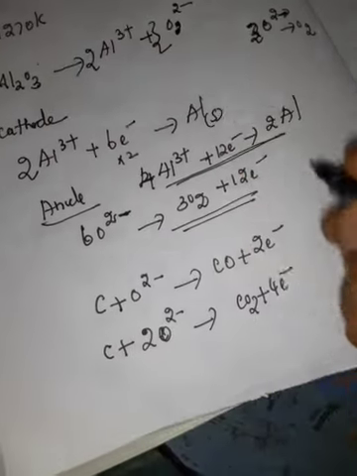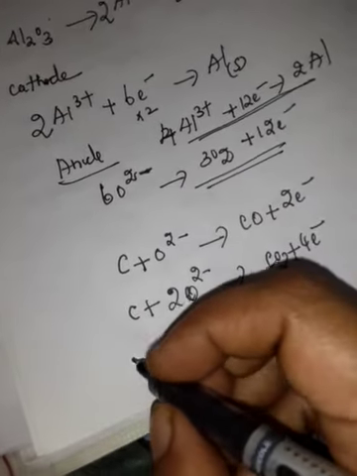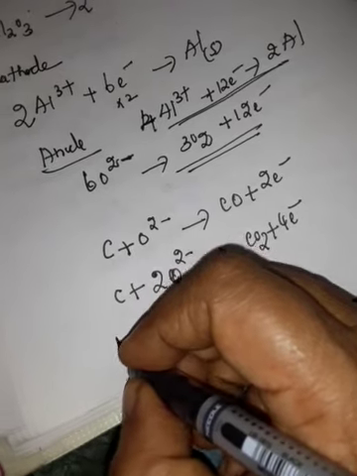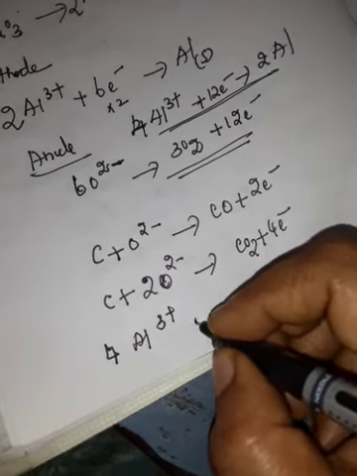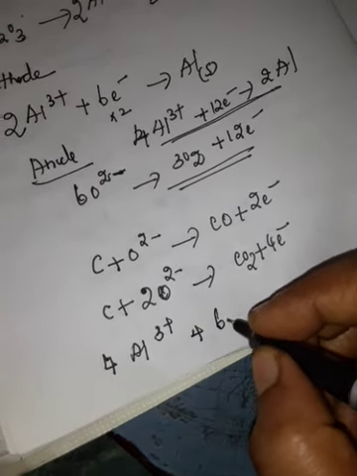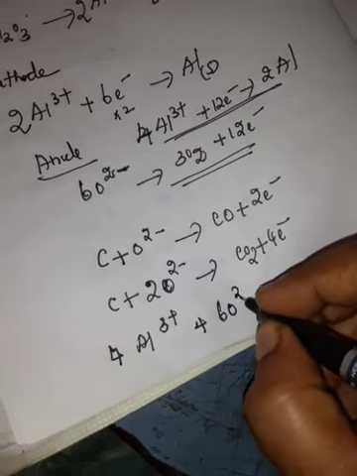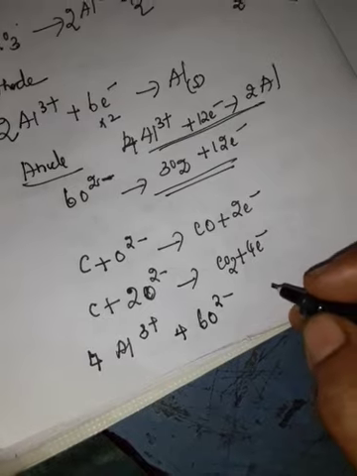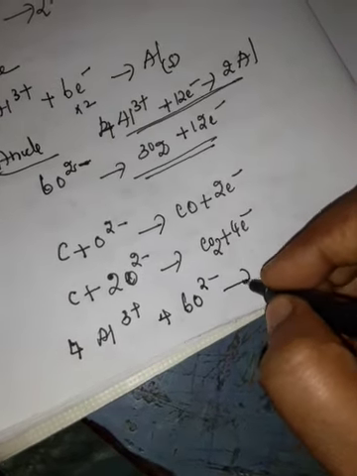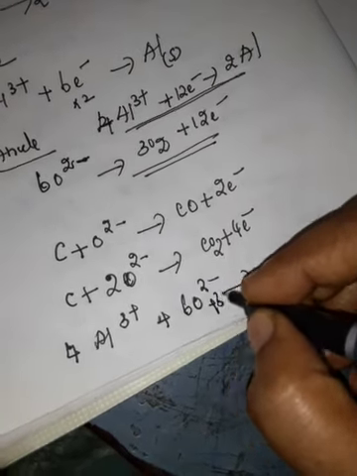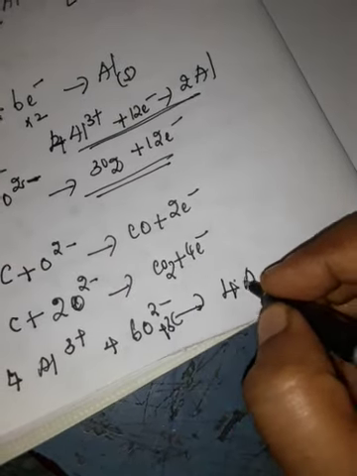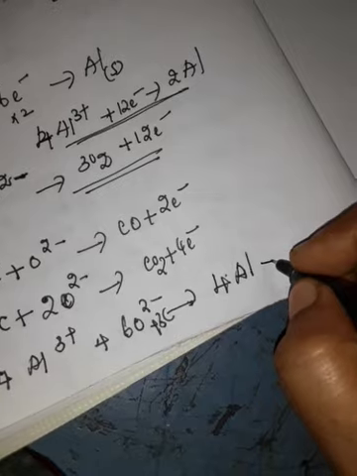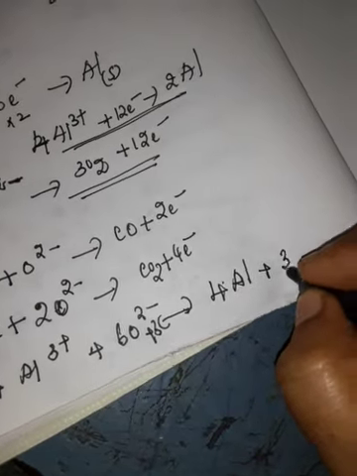Combining all these reactions, at last we get a final reaction: 4Al3+ plus 6O2- plus 3C giving 4Al plus 3CO2.